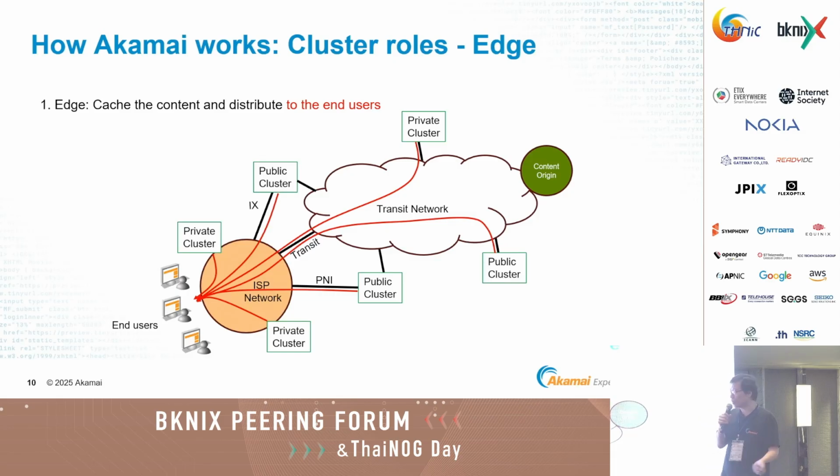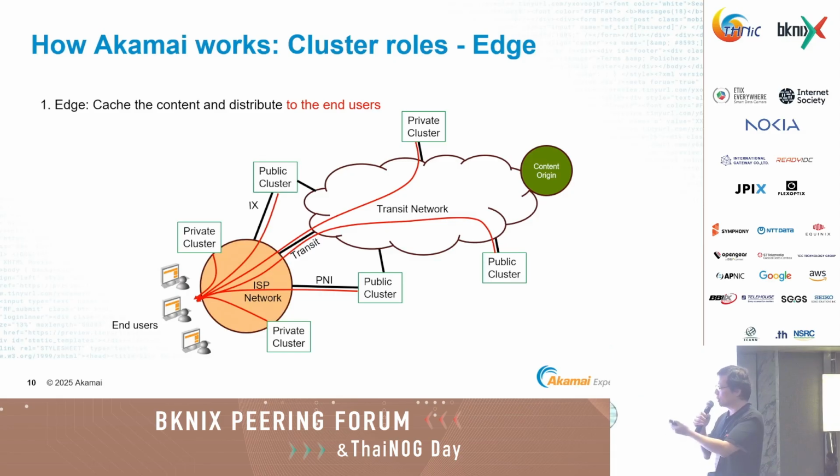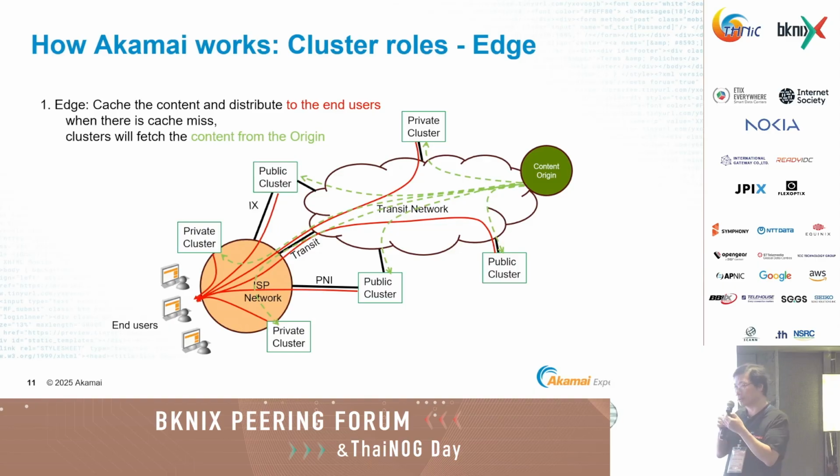Usually what we do is we map the end user to the closest cluster, and the closest cluster could be a private cluster or a public cluster. And that cluster will have to fetch the content. The content origin is hosted by our customers themselves. Sometimes they have their own infrastructure, sometimes they host it in a cloud company.